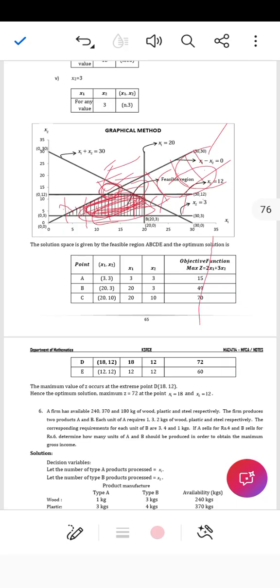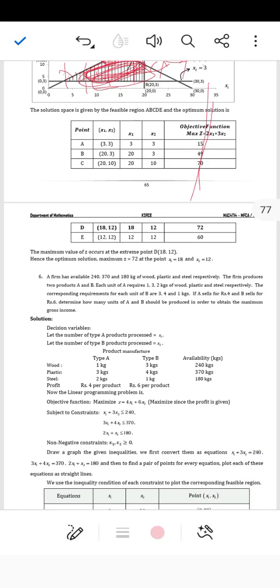Solving these two equations we get the point 12 comma 12. In a similar manner we have to find all the points.